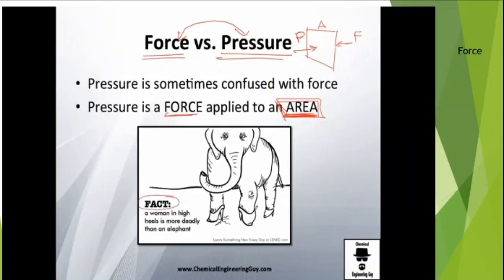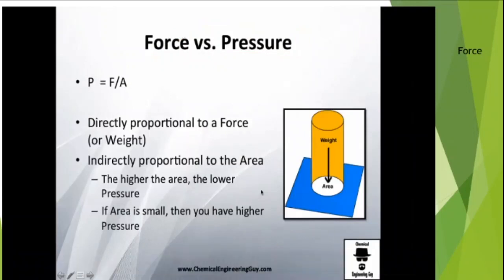If I were to ask you, what do you prefer, guys? Being stepped on by an elephant or being stepped on by a girl in high heels? The fact is that this girl with her high heels might give you more damage than the elephant per se. Let me explain why.